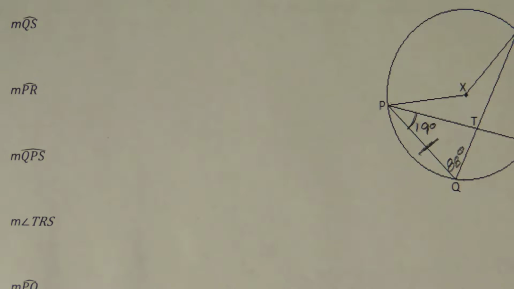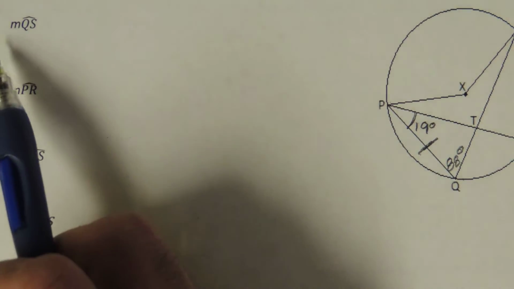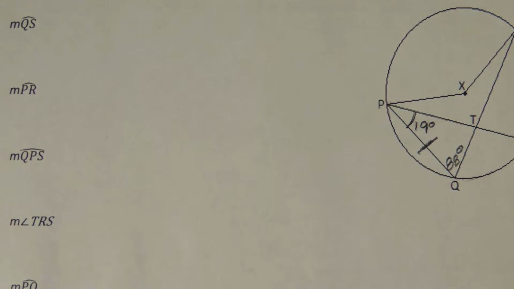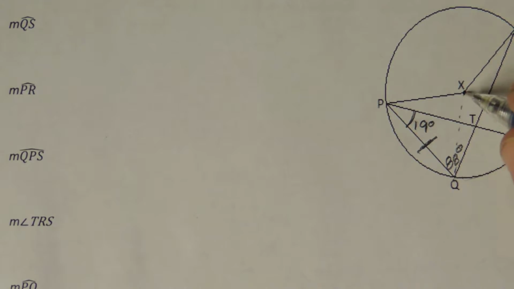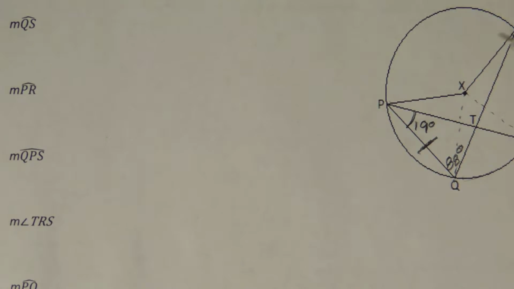So I'll start off, first of all, with the measure of arc QS. That's this arc right here, along the circle from Q to S. I need the central angle, but I don't have it. However, I do have an inscribed angle.